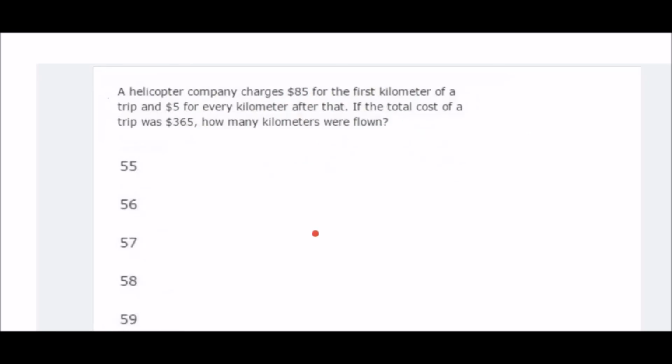Next question is, a helicopter company charges $85 for the first kilometer of a trip and $5 for every kilometer after that. So if the total cost of the trip is $365, how many kilometers were flown? So for the first kilometer it charges $85. So we have to subtract it, 365 minus 85, that will be $280.